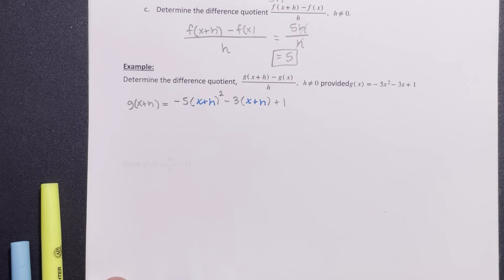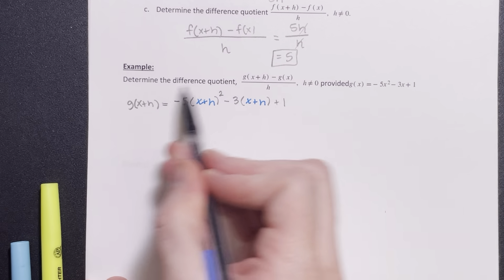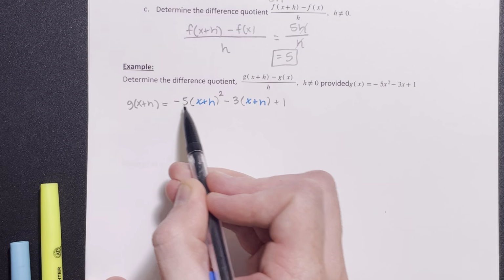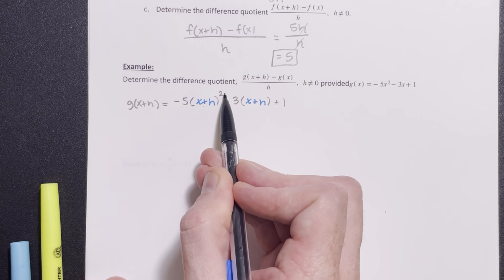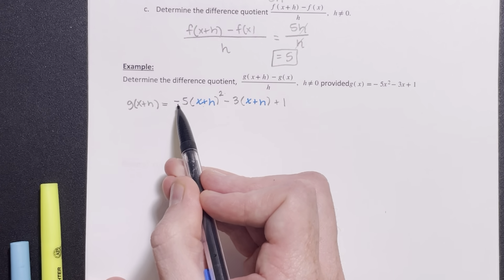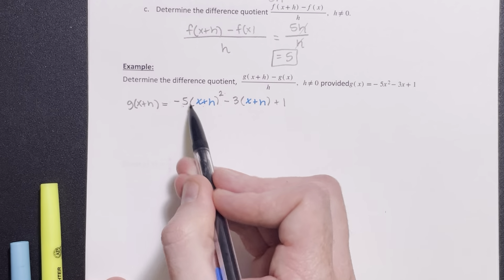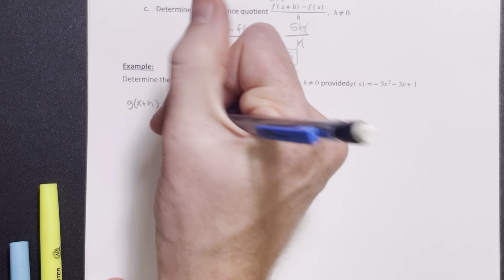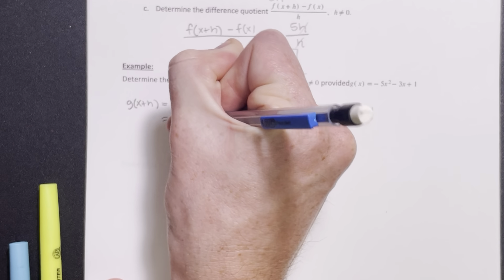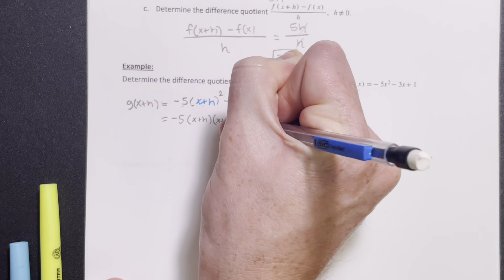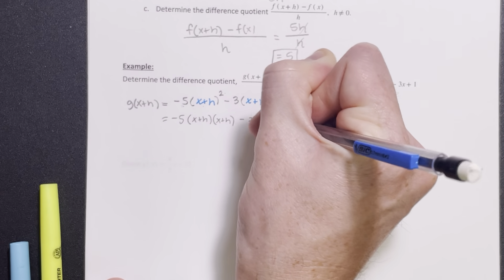And we need to simplify this expression. If I'm doing negative 5 times this squared, exponents come before multiplication, so I cannot distribute that 5. I have to do exponents first. So I'm just going to rewrite that x plus h twice, because that is what being squared means.